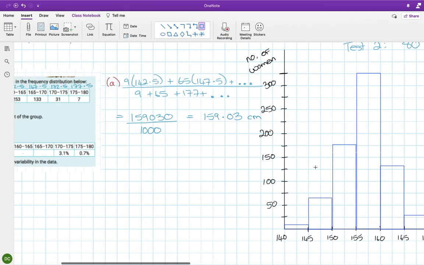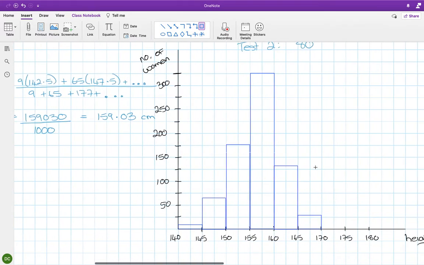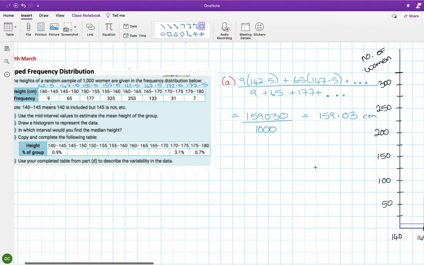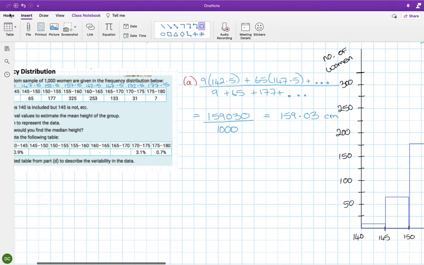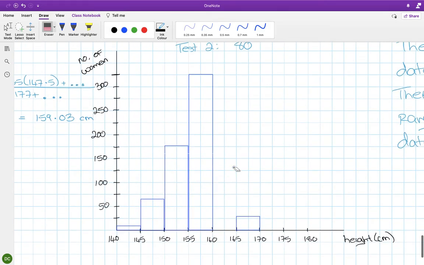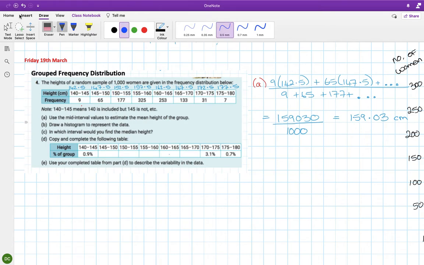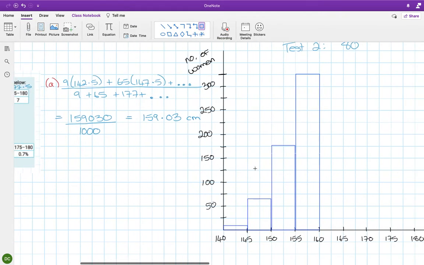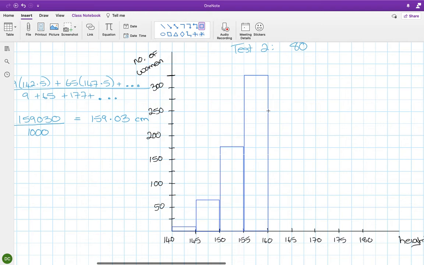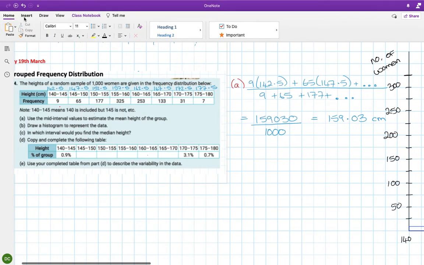Oh God, what have I done? Did I miss one? Which one did I miss? 160 to 165. Oh crap. Sorry, hang on. I'm going to have to go back. So 160 to 165 is 253. I didn't do that one. That's annoying. So just above 250. There you go. Next one was 133.